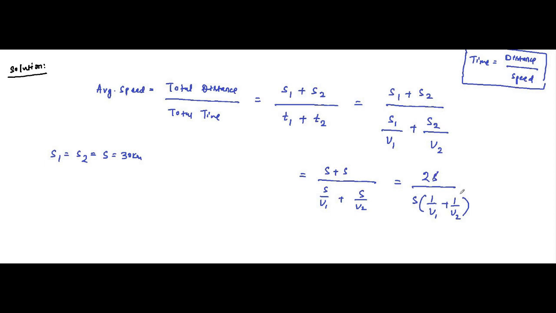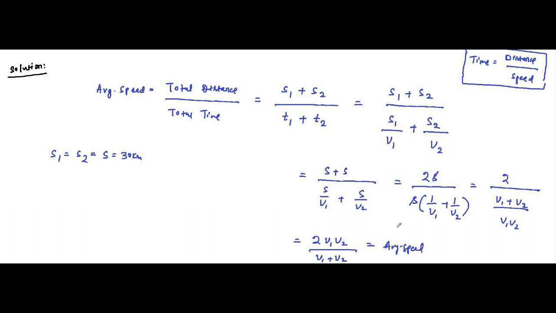So S and S get cancelled. This is equal to 2 by the LCM of V1 and V2, which is V1 V2, so finally 2 V1 V2 by V1 plus V2. This is the average speed.